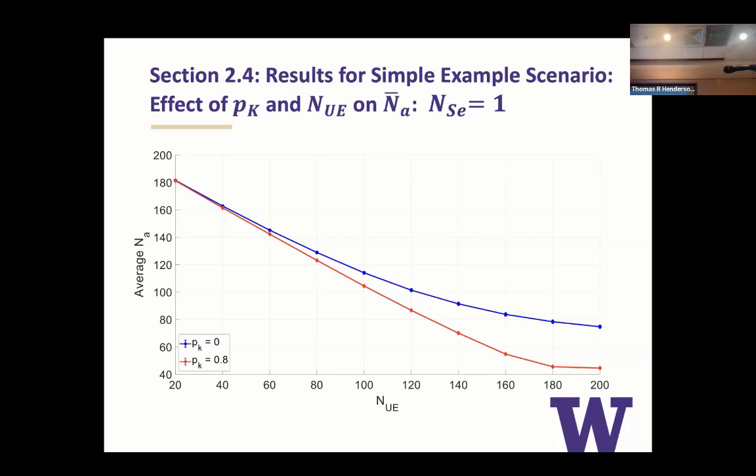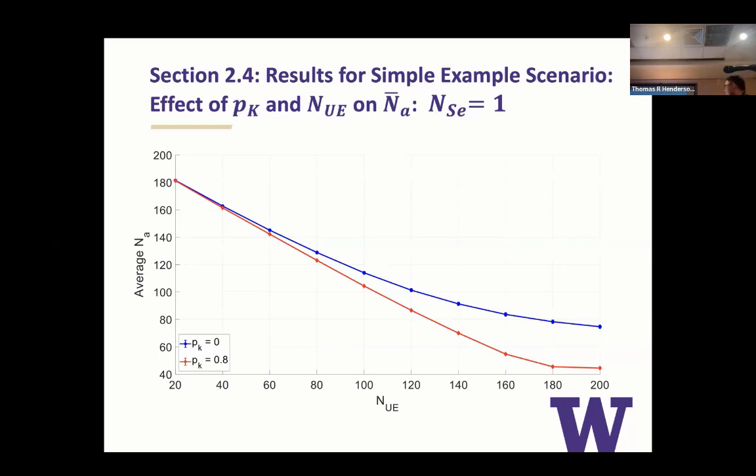This is because for a given NUE, the collision probability with PK equal to 0 will be higher than with PK equal to 0.8. So for PK equal to 0.8, UE will occupy more available PRBs to lower the collision probability. That means the average number of available PRBs will be less than with PK equal to 0.